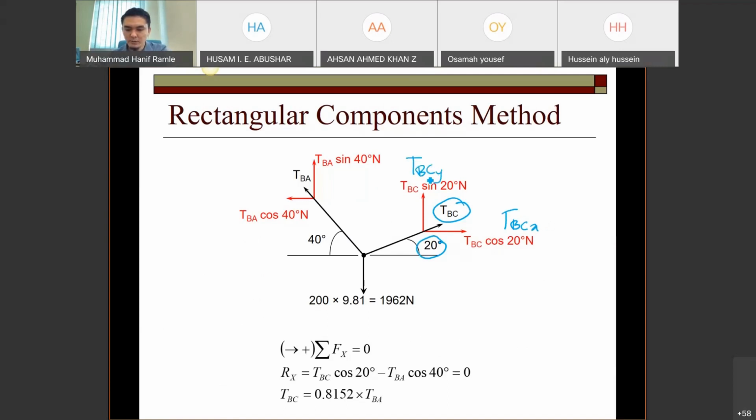So you have to resolve in X and Y direction. Similar goes to TBA, TBAY, and TBAX. All right, and you have to use Newton's first law to get the first equation.